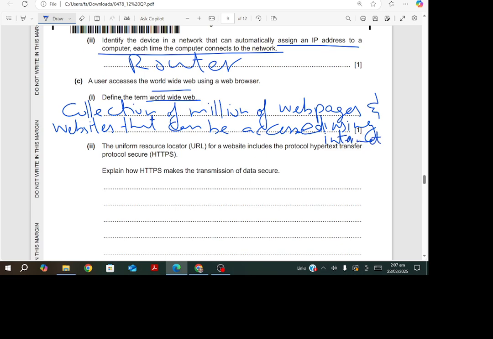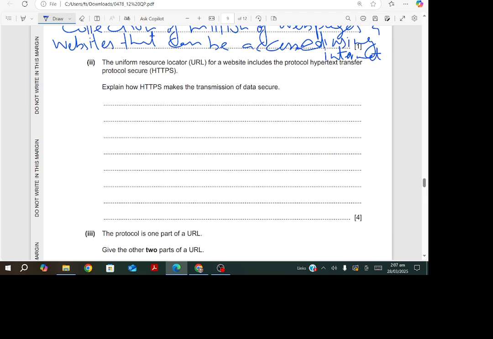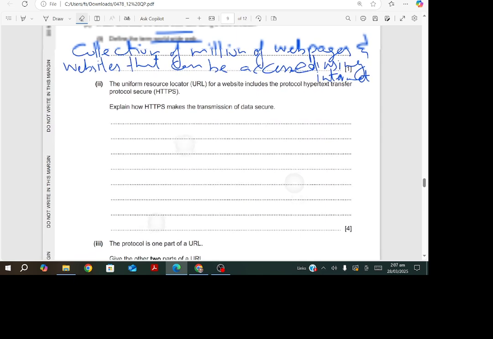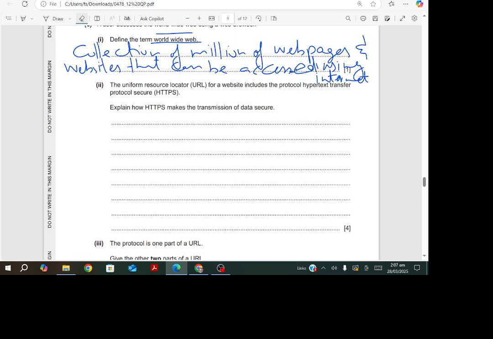Using internet. Okay. Then we have the Uniform Resource Locator, URL, for a website that includes the protocol, Hypertext Transfer Protocol, HTTPS. Explain how HTTPS makes the transmission of data secure.